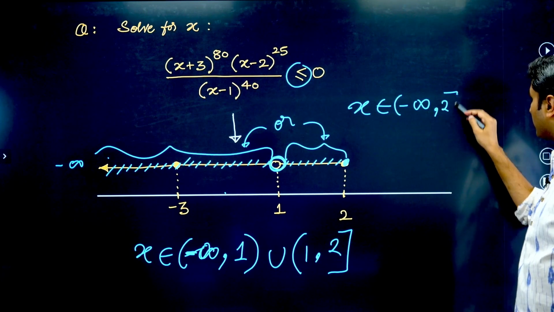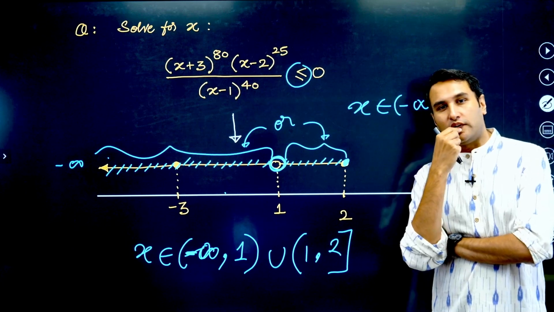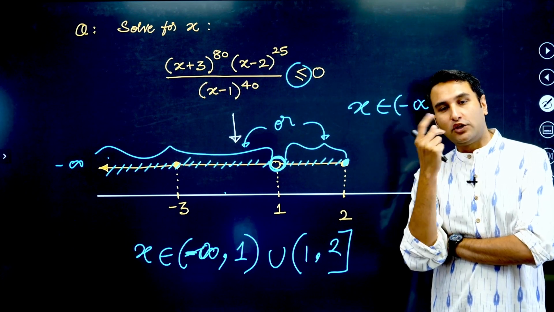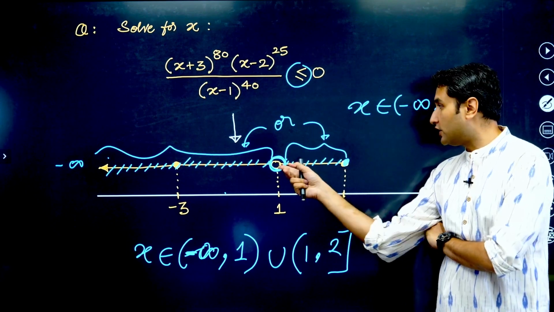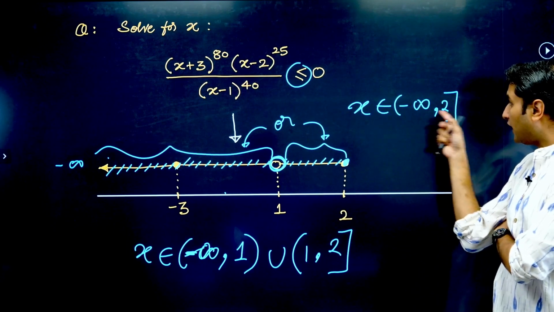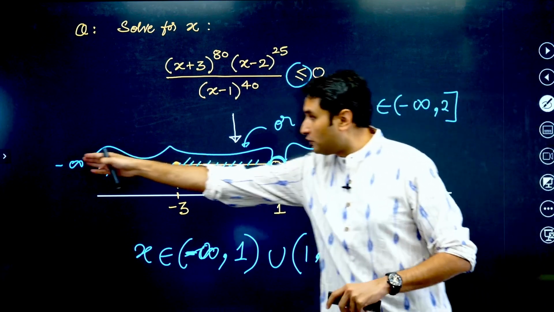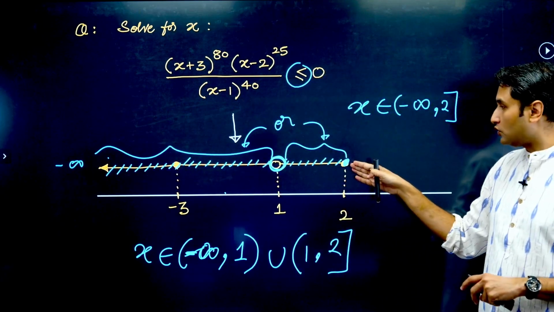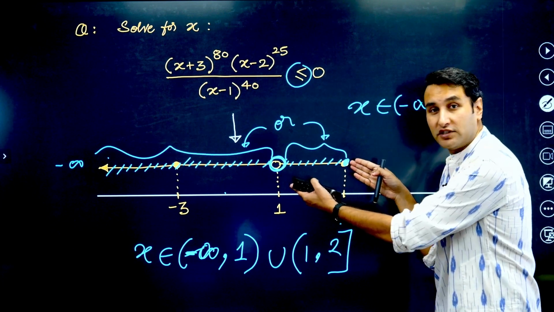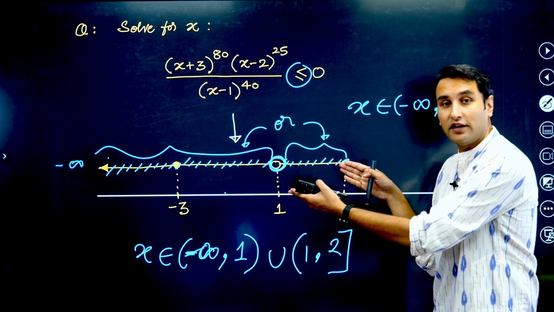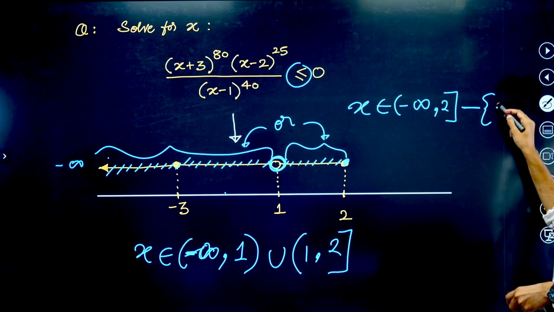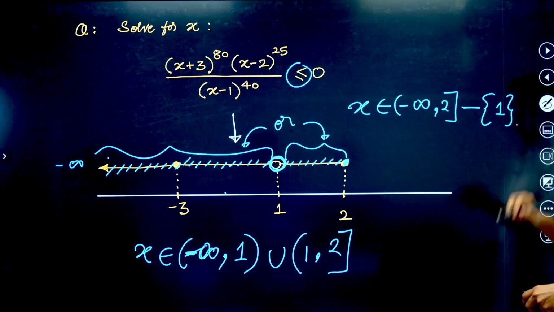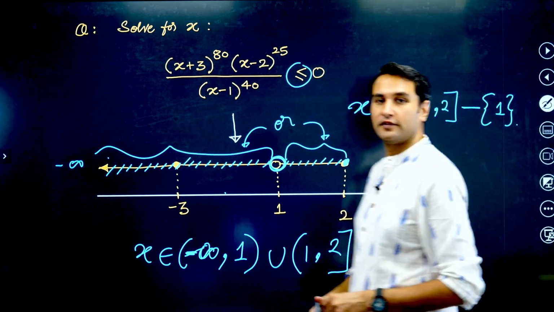I took one number extra here. I shouldn't have entered 1, but while writing this, I actually included 1. From -infinity till 2, I included 1. This is a mistake. I have to correct my mistake. I have to kick 1 out of my writing area.